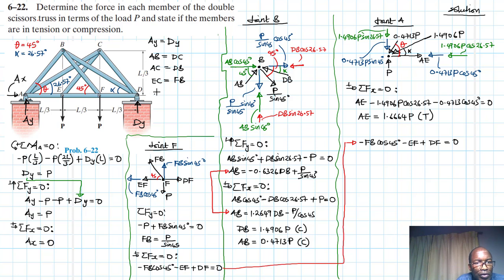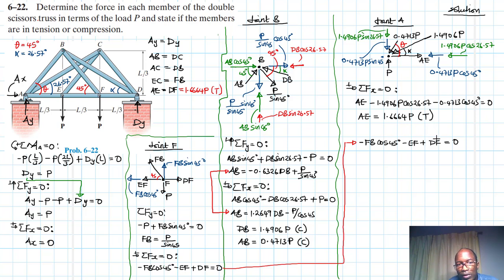Great. So we said AE is equal to DF, which is equal to 1.6664p, and it is in tension.